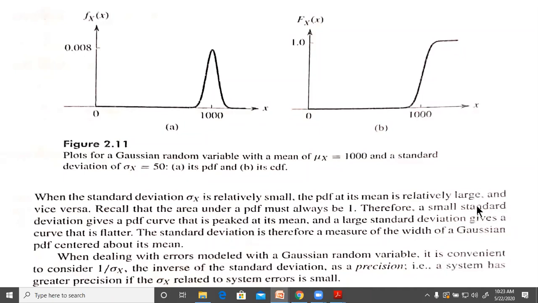So if the standard deviation is small, you will have a steeper curve, whereas if the standard deviation is large, the width of the Gaussian PDF centered about its mean will be large.